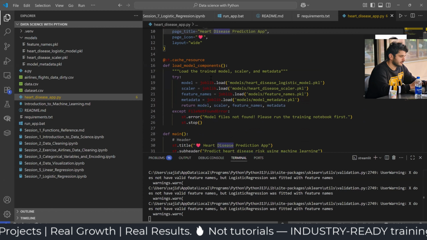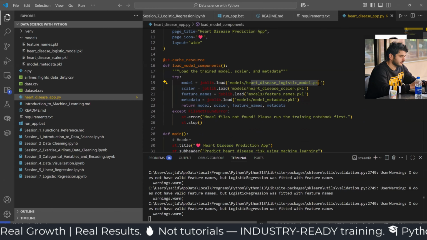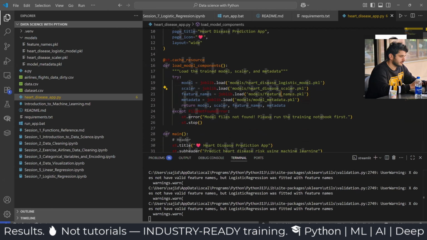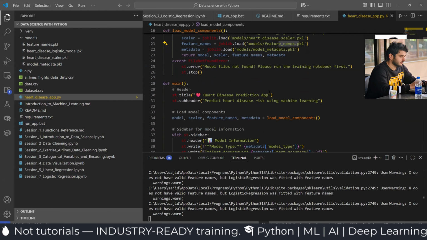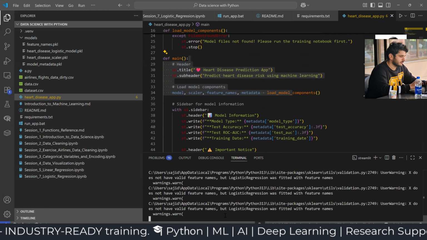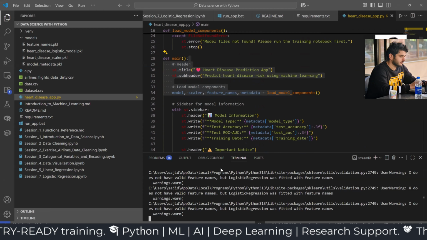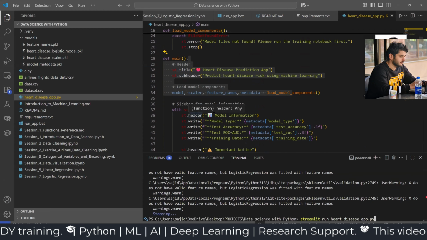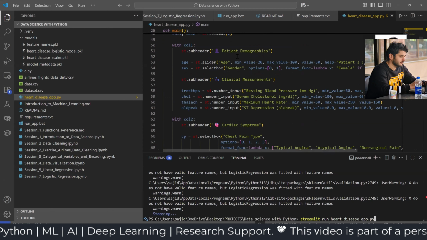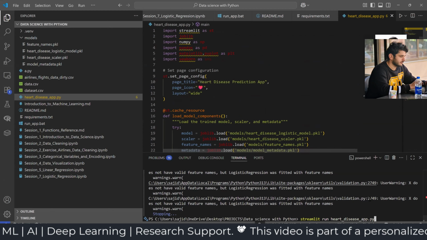And in this application, we are going to use our PKL, our model, our scalar, our feature names and all that, right? Basically, it will give a proper UI, or it will give life to our model. If we want to run our application, we will just write streamlit run, the name of the file that we just wrote in Python. Okay.